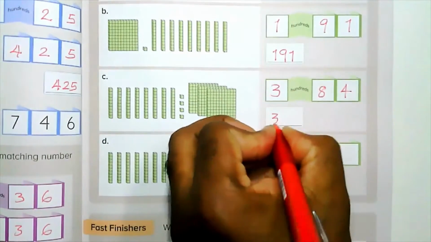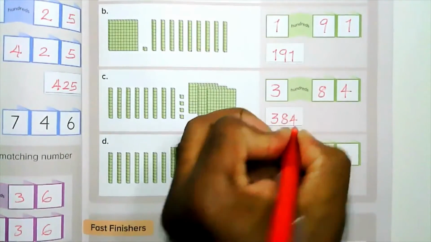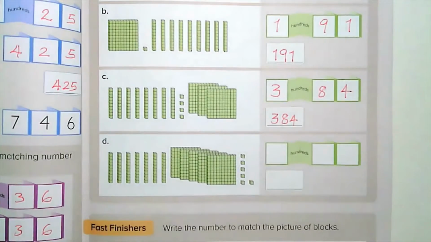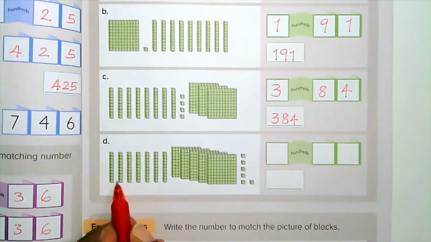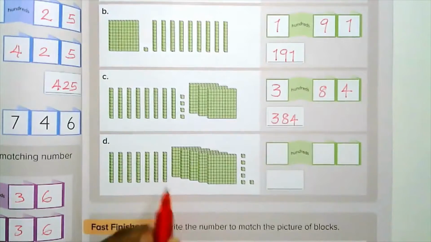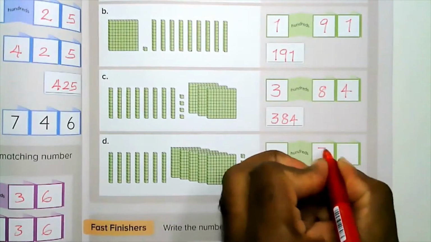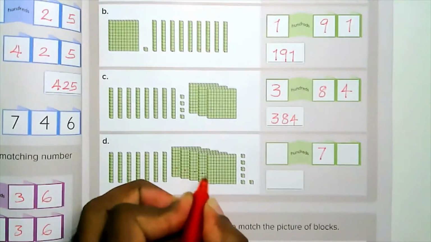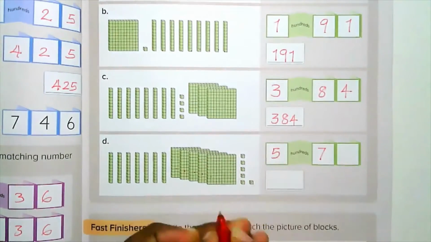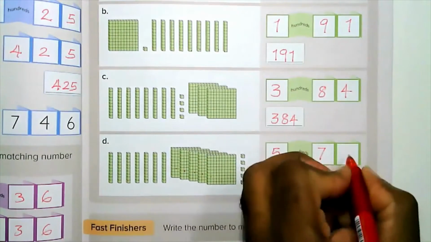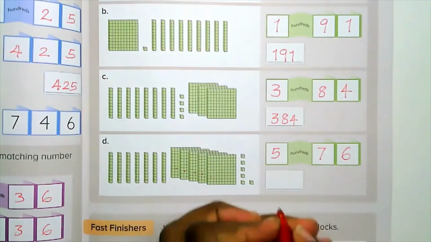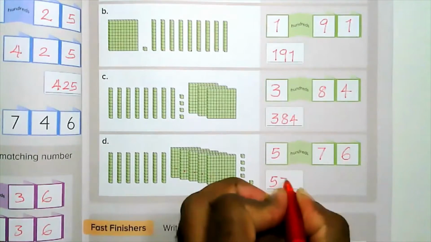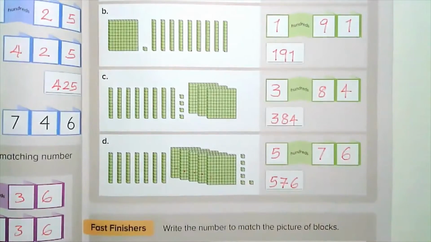So we have 384. Part D, how many 10 blocks? 1, 2, 3, 4, 5, 6, 7. 7 10 blocks. How many hundreds? 1, 2, 3, 4, 5. 500. And how many ones? 6. So we write it as 576.